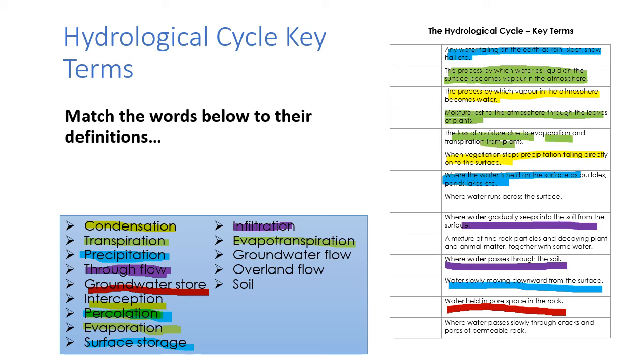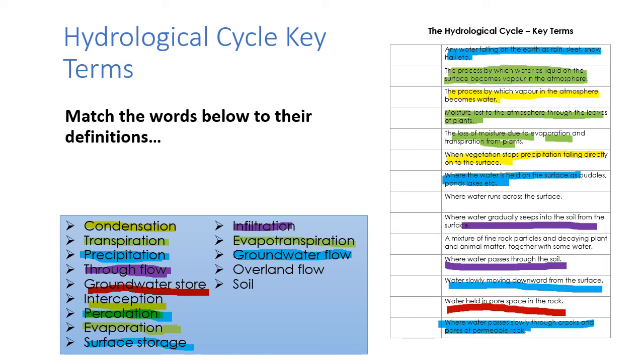We're nearly there. Groundwater flow is any flow in the ground, so in the rocks. It's where water is moving through rocks. So I'm guessing it's this one here. Those rocks will have pores and cracks and things.